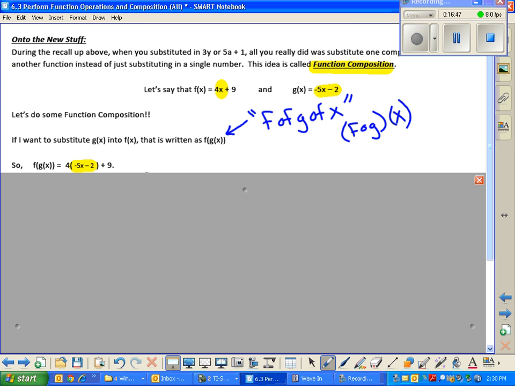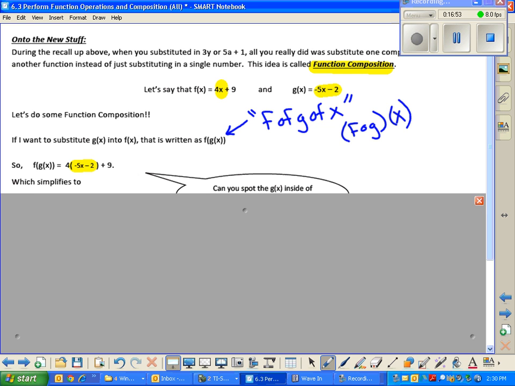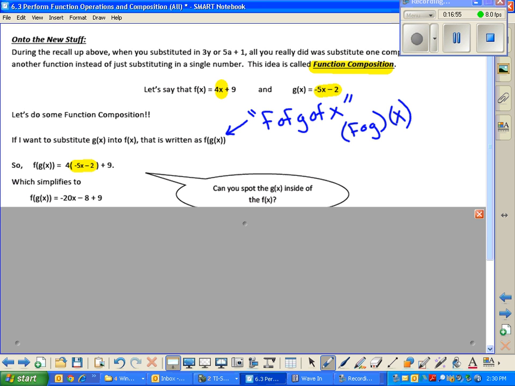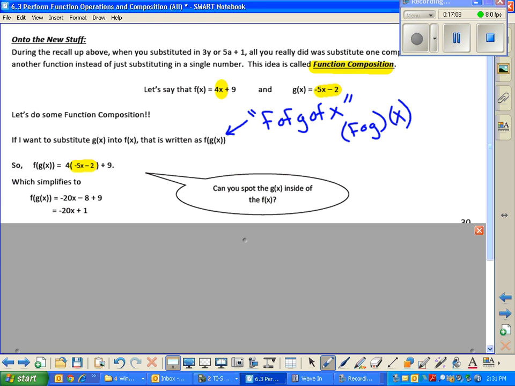So you just substitute that equation into f of x and then you simplify. So it's pretty simple. So this simplifies to be, if I distribute the 4 in there, negative 20x minus 8 and then plus 9. Can you spot the g of x inside the f of x there? You see it? Yes. And then we simplify.